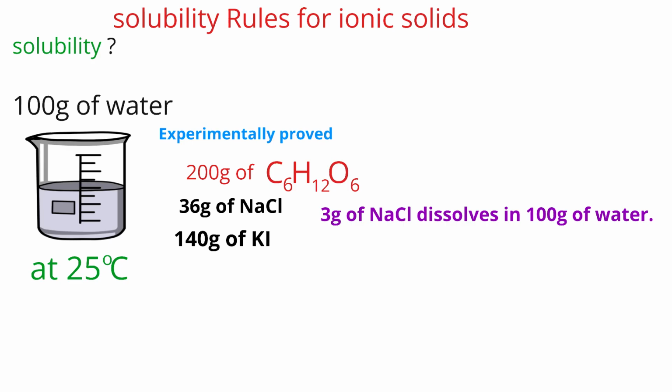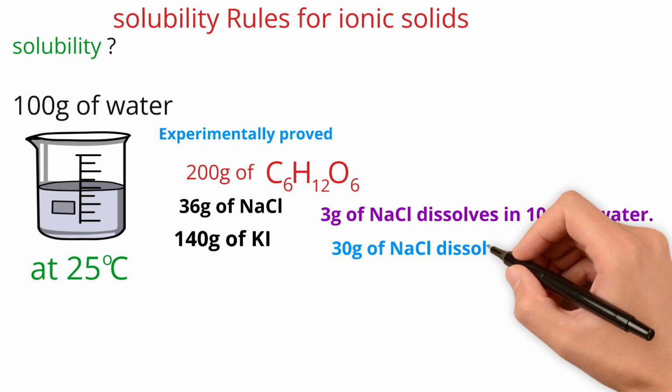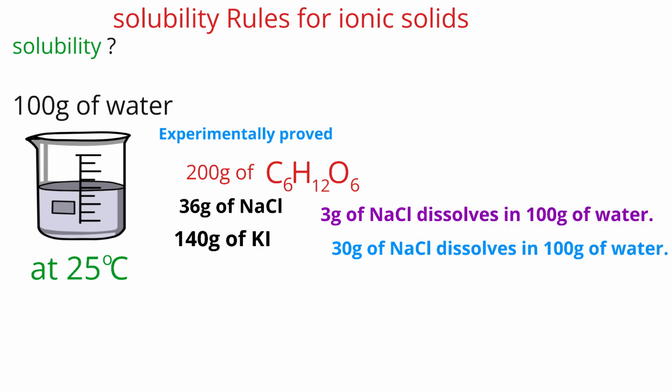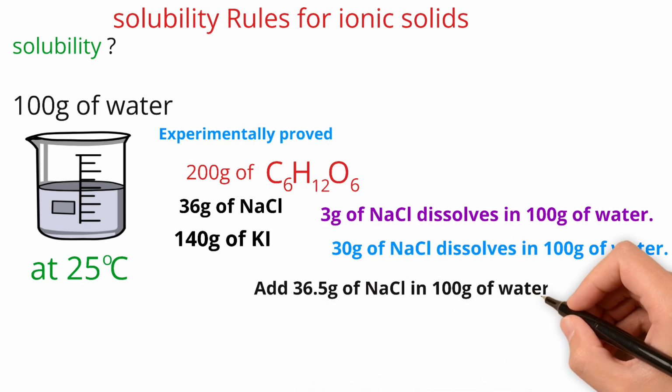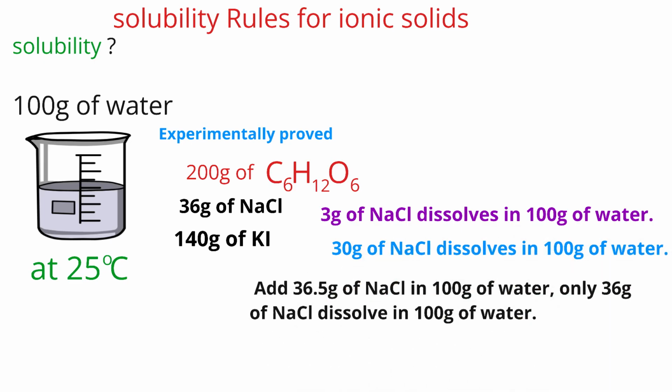It is okay to dissolve 3 grams of sodium chloride in 100 grams of water. Again, it is so simple to dissolve 30 grams of sodium chloride in 100 grams of water, but it's difficult to dissolve the whole 36.5 grams of sodium chloride in 100 grams of water.